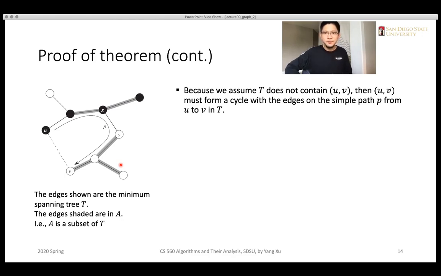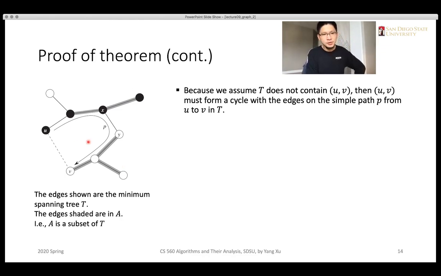Okay, so because T doesn't include UV, then according to the definition of the minimum spanning tree, any two vertices in the spanning tree are reachable from each other.